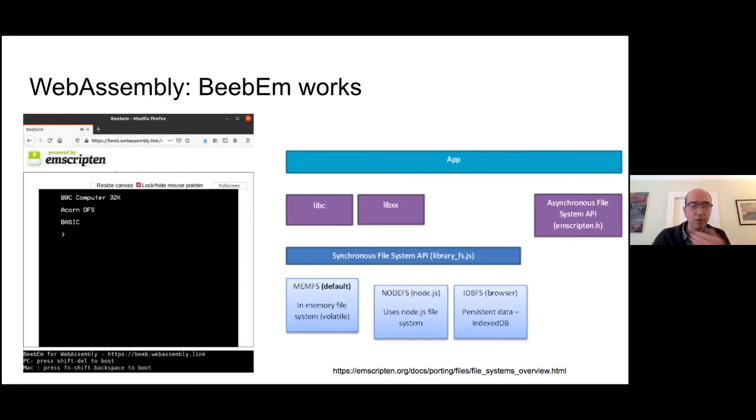That was quite a surprise, because I thought it would be a little more difficult. But BeebEm, certainly the Linux one I was basing it off, which is 0.13, uses a standard POSIX environment it's expecting, and Emscripten gives you most of that POSIX environment. It's got an emulation of a file system.